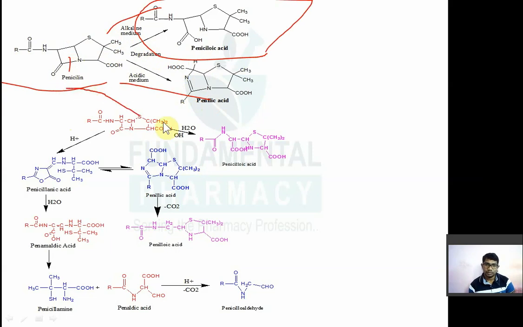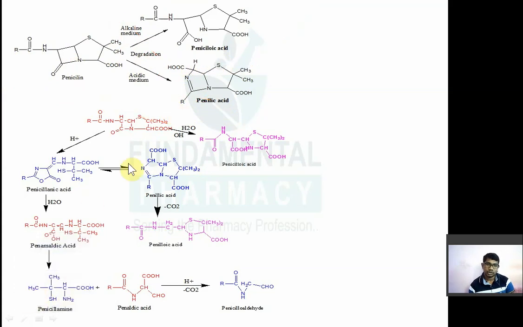Questions come on degradation of penicillin: what happens in acidic medium and what happens in basic medium. Penicilloic acid is the product in basic medium, and under acidic medium, penicillenic acid.